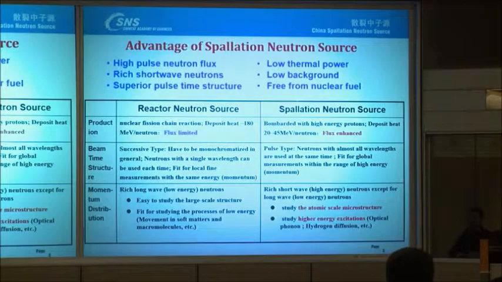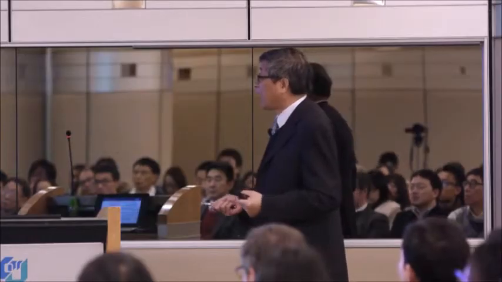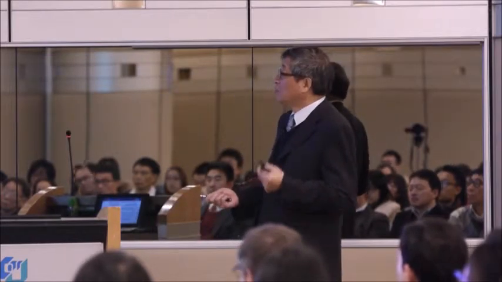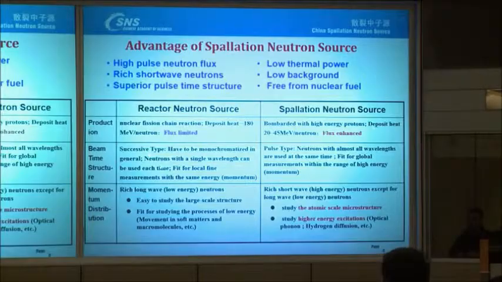The most important is that it is free from nuclear fuel. Nowadays in Europe it is harder to find a place to build new reactors. So neutron scattering study is eventually moving to the spallation neutron source.